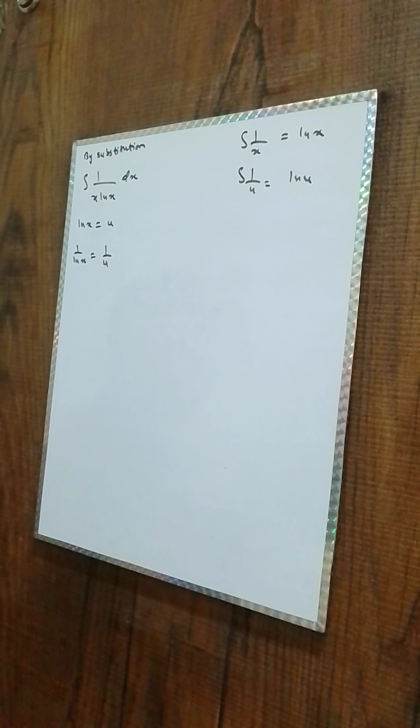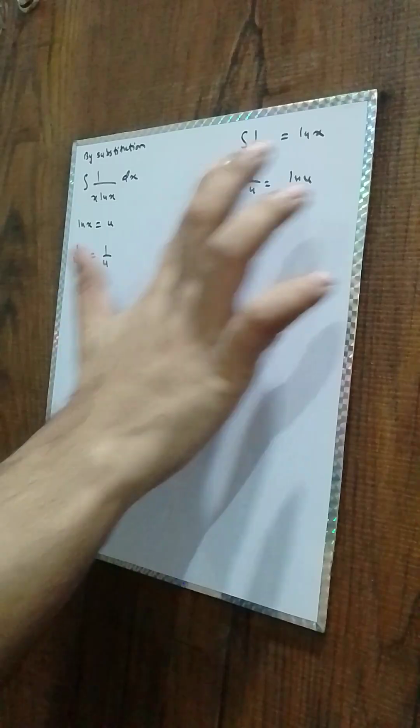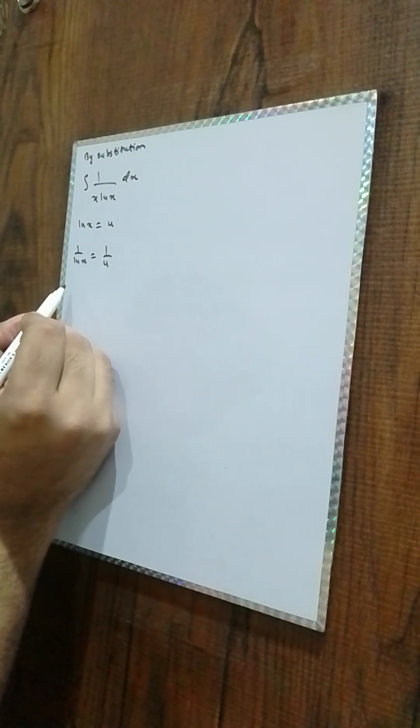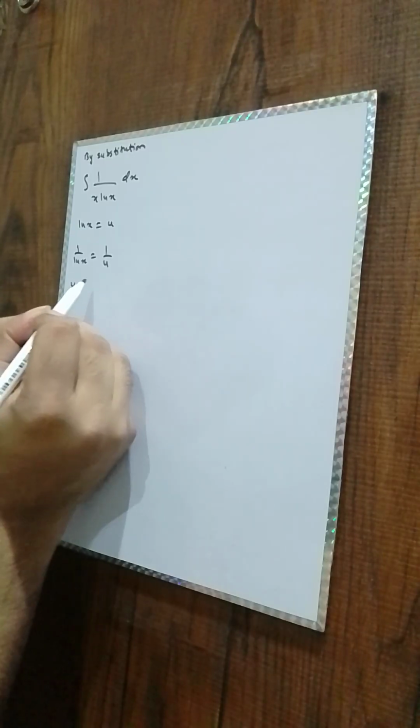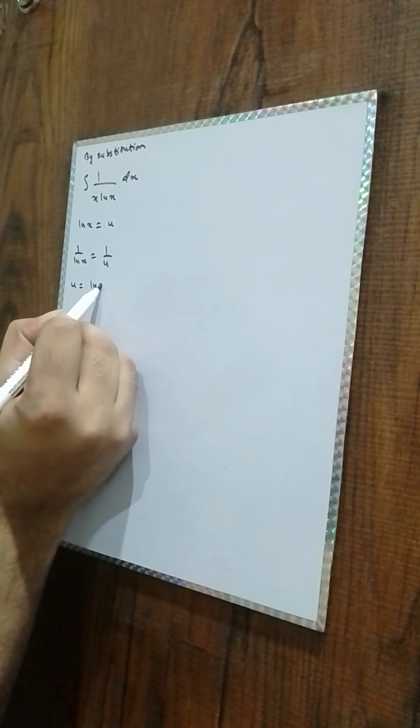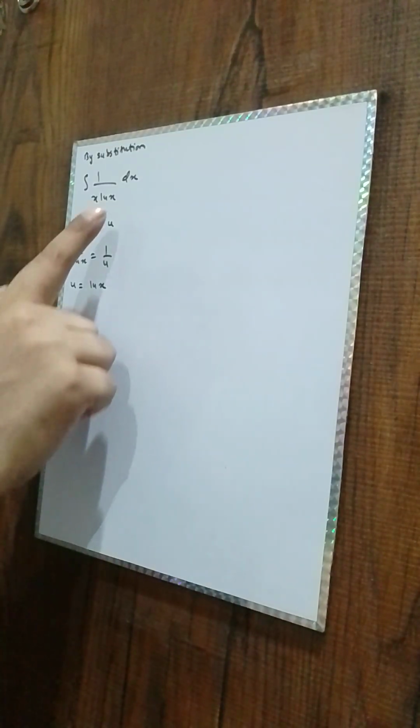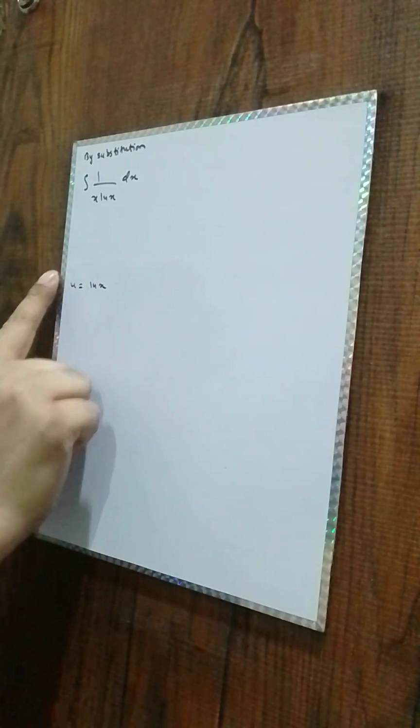So you see now u is equal to natural log of x, or we just simply start off with the similar notion.